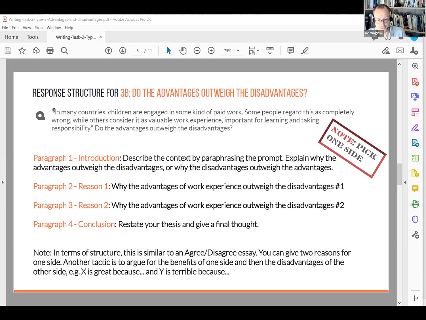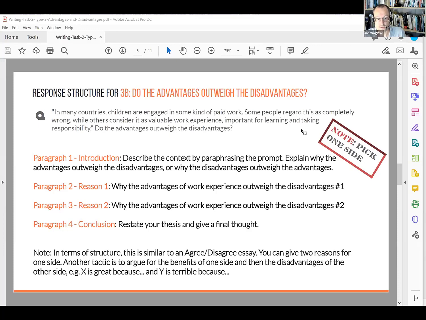In this question, for example, it says, in many countries, children are engaged in some kind of paid work. Some people regard this as completely wrong, while others consider it as valuable work experience, important for learning and taking responsibility. Do the advantages outweigh the disadvantages? So there's 2 ways that you could approach this.